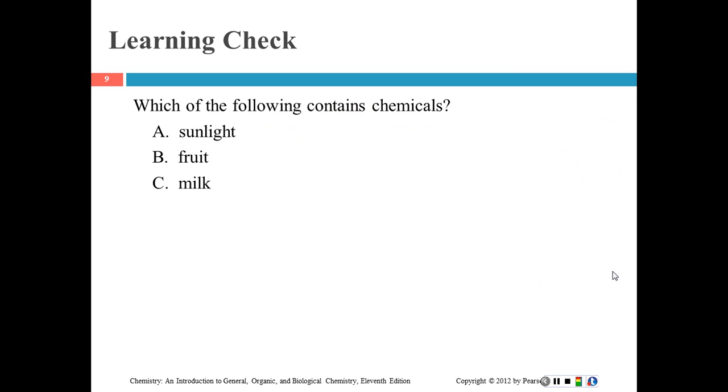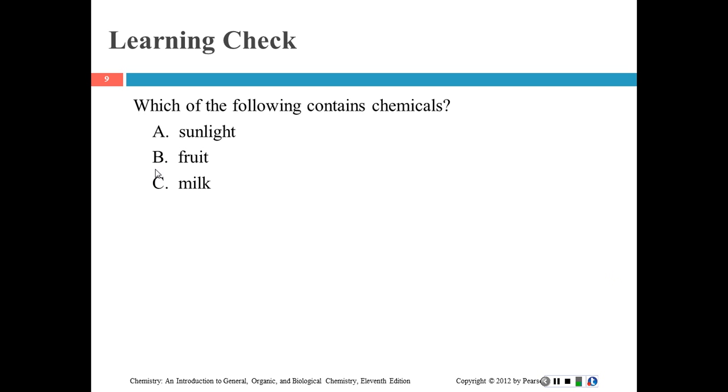At the end of each one of these sections, we're going to have a learning check, just to see if you understood the concepts. They start out very basic, and then get a little more involved as we go along. This is a very basic learning check, and it says, which of the following contains chemicals? Sunlight, fruit, or milk? What do you think?